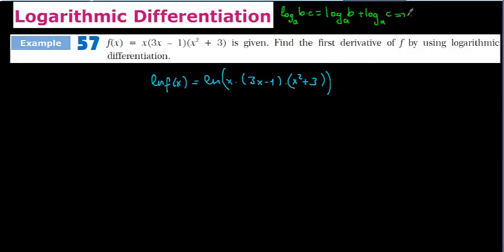Then we remember this rule for ln: ln bc is equal to ln b plus ln c, where the base is e, the base of the natural logarithm.